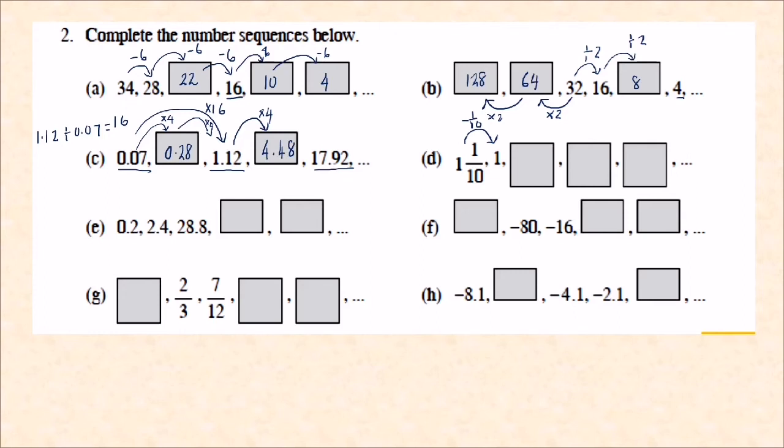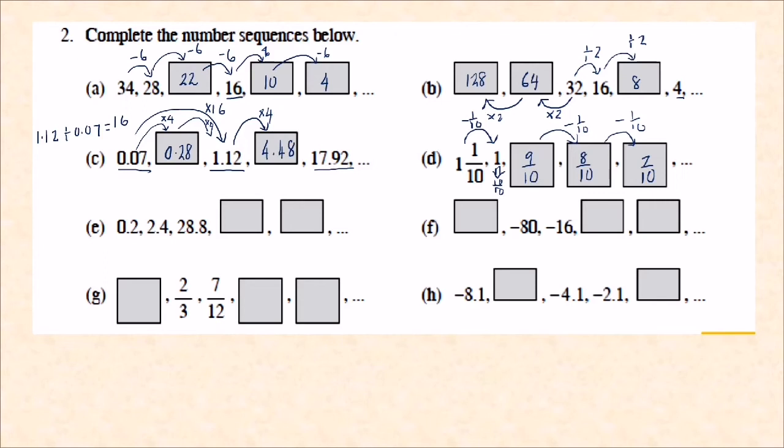Okay, so 1 also equals 10 over 10. 10 over 10 minus 1 over 10 is 9 over 10. 9 over 10 minus 1 over 10, we can obtain 8 over 10. 8 over 10 minus 1 over 10 is 7 over 10.